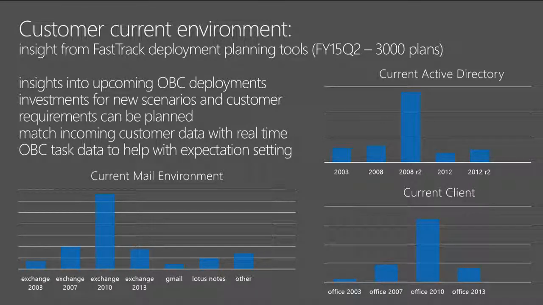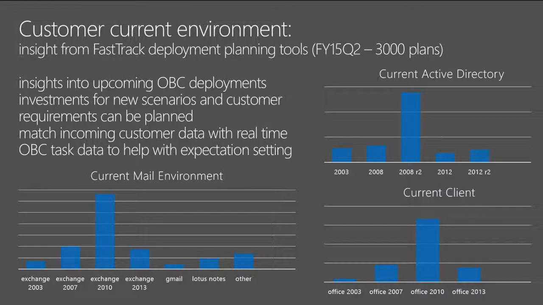And as we move into that mainstream set of customers, now we have hundreds of millions of users on the service. It's important for us to keep an eye on where they're coming from, what platforms they're coming from as well. And this helps us prioritize the investments we need to make as well. Here you see, for instance, we're seeing a lot of customers coming from Exchange 2010 today. That's interesting. I mean, Exchange 2013, if you've made the decision to go to Exchange 2013, probably not going to immediately go back and make the decision to go to Office 365 if you're already on Exchange 2013.